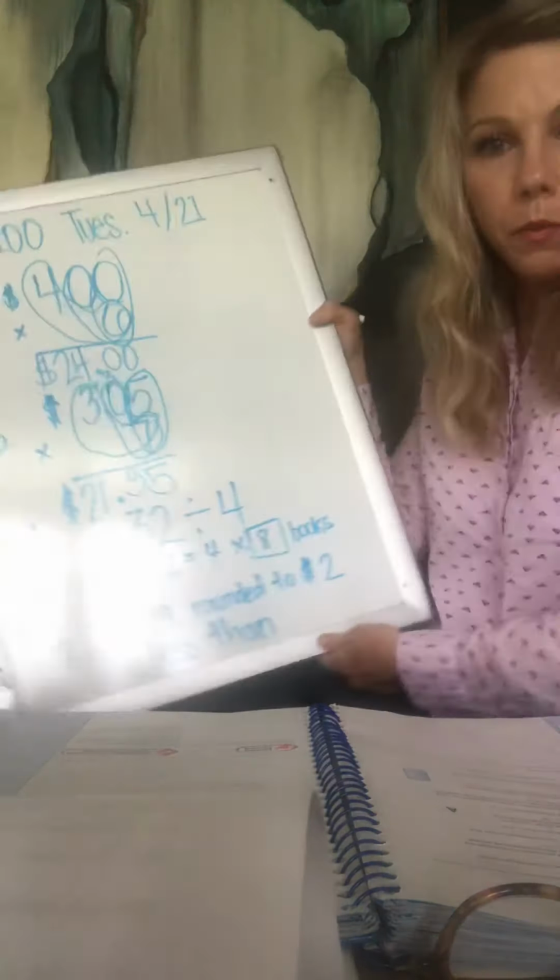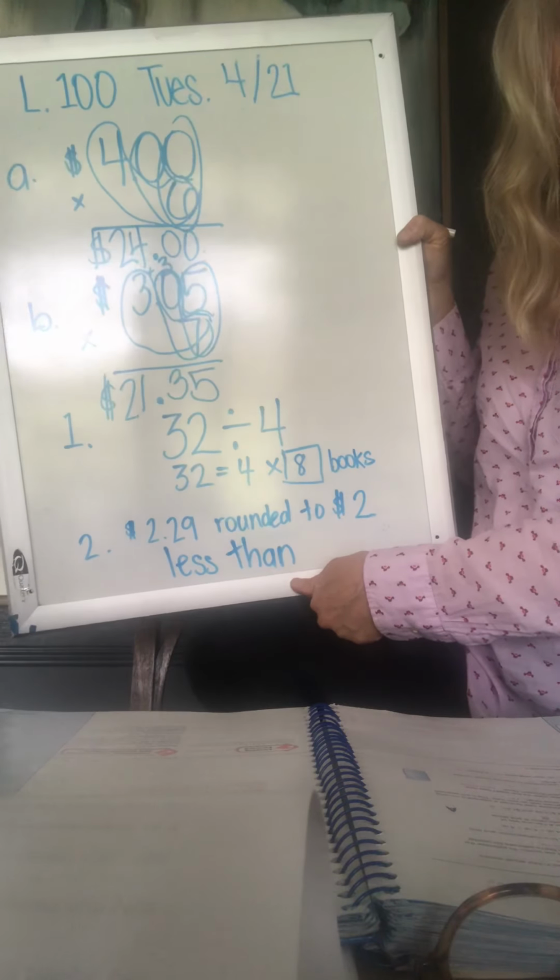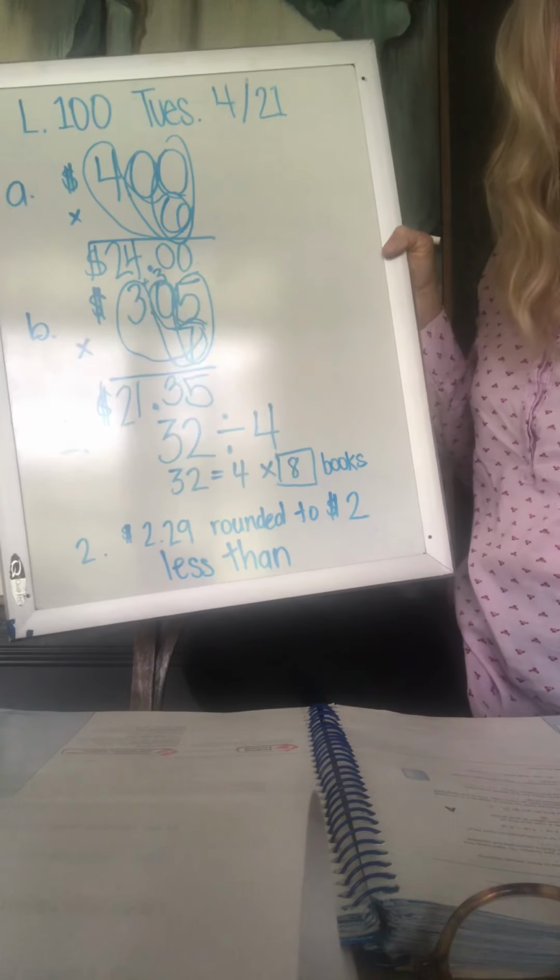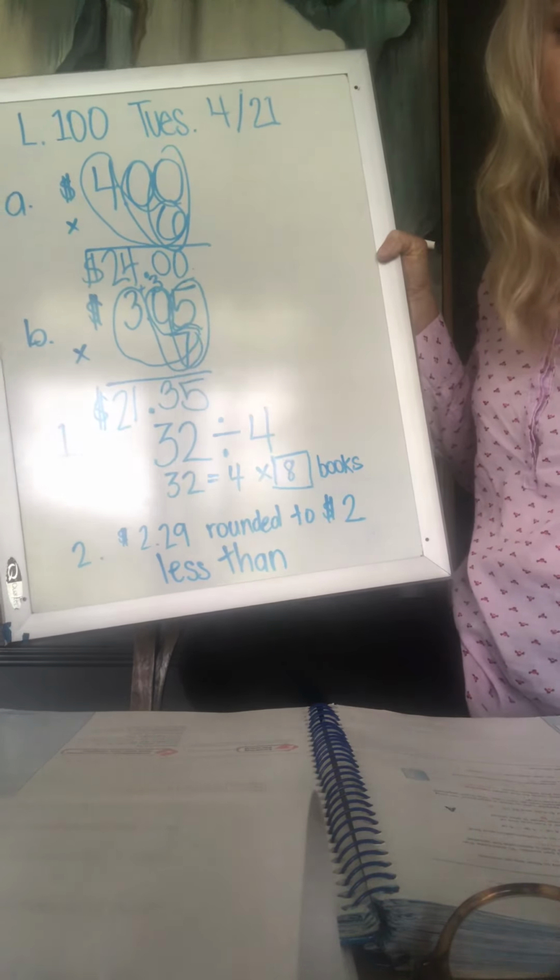Number 2, there was also one, I believe this was an estimation problem. I thought I'd go over it with you because we just learned this yesterday. It says Rob bought 5 bottles of juice for $2.29 per bottle. To estimate the total cost, Rob multiplied 5 times $2. Will Rob's estimate be greater than or less than the exact cost?